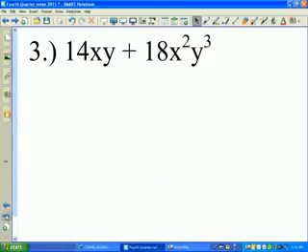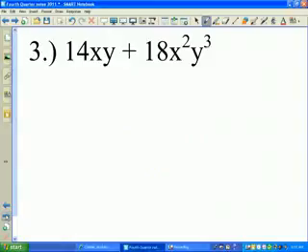Okay, let's try this one. So 14xy plus 18x squared y cubed. Same thing applies. If you want, you can pause it, try to work it out yourself, and then hit play and see what you get for an answer. We'll compare our answers. Go ahead, pause.